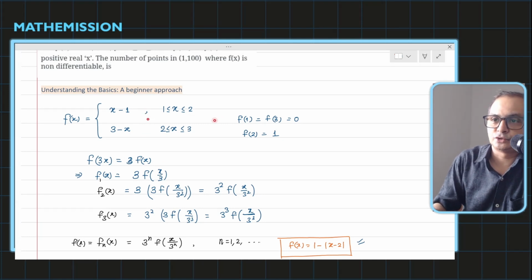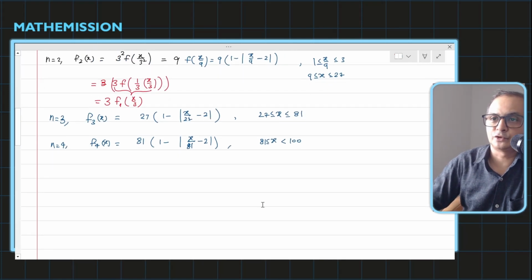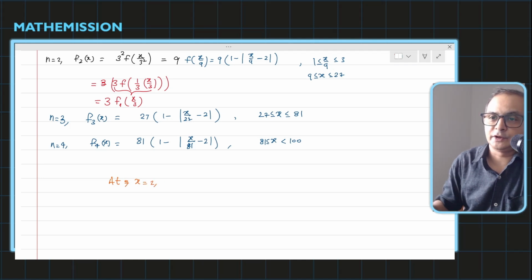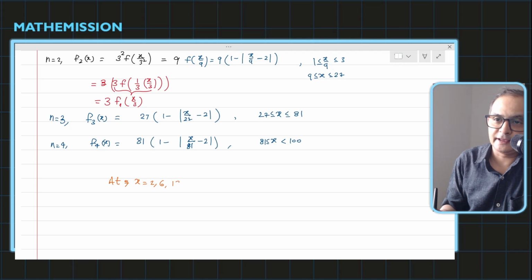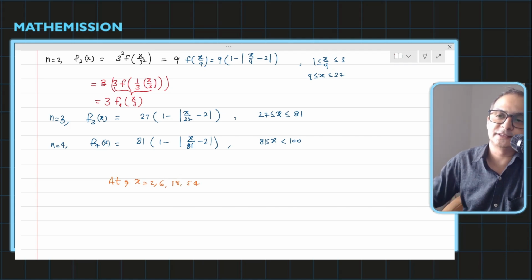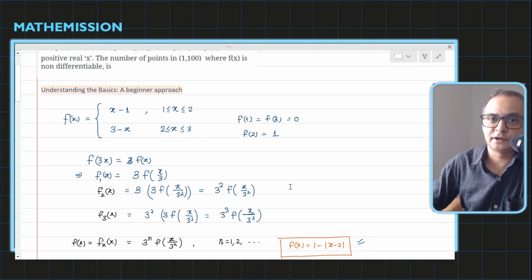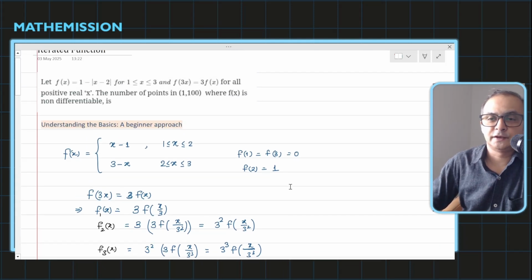Let me write it somewhere. So far how many did we get? That is, x equals 2, then we got 6, then 18, and then 54. But also you can see, because each next interval is starting from the end of the previous interval.